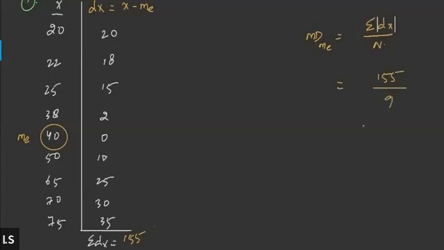The number of items is 9. So when you divide 155 by 9, 17.22 is the answer.